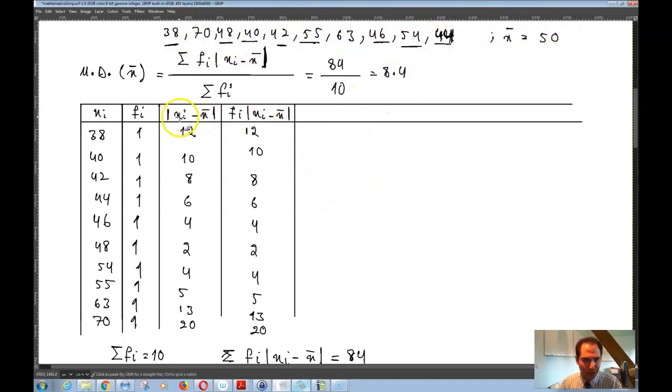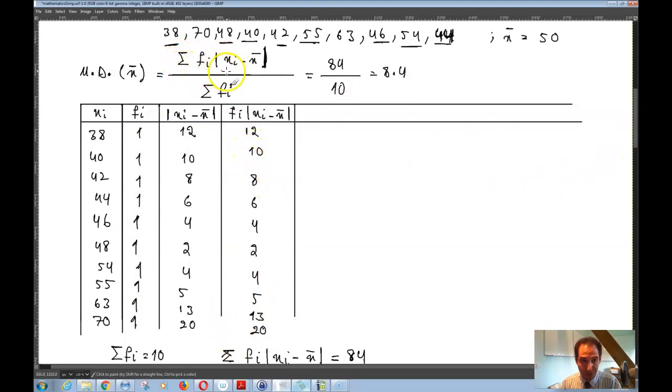And then you can calculate the absolute value of x of i minus x bar, which is x of i, this value, minus x bar, this value. Do the subtraction and take the absolute value of that. That gives you these values. And then you need to calculate f of i times the absolute value of x of i minus x bar, which will be 1 times 12, 1 times 10, and so on. Essentially the same values.